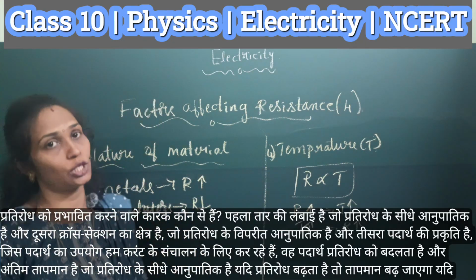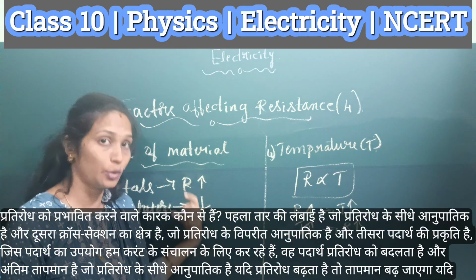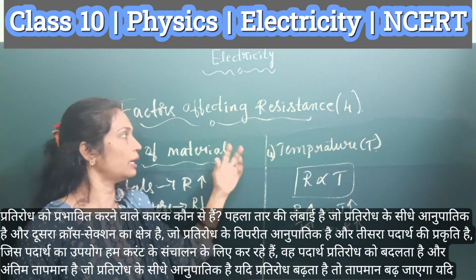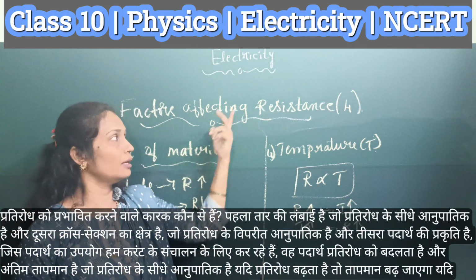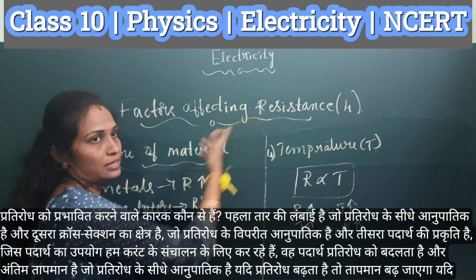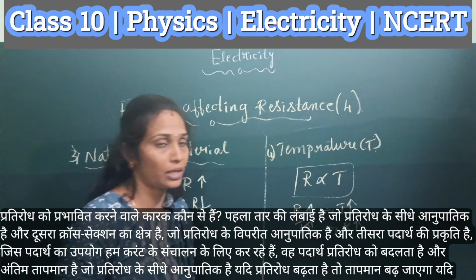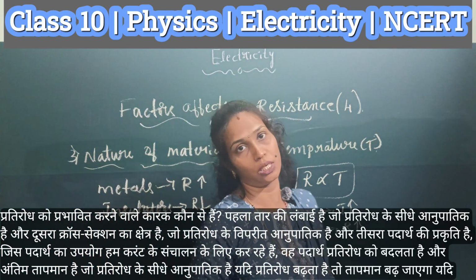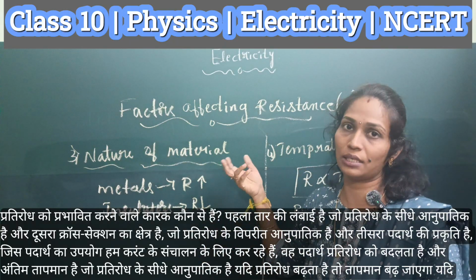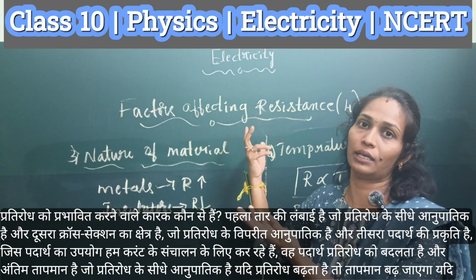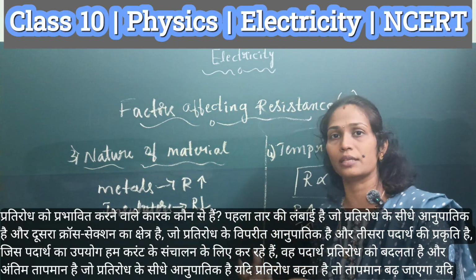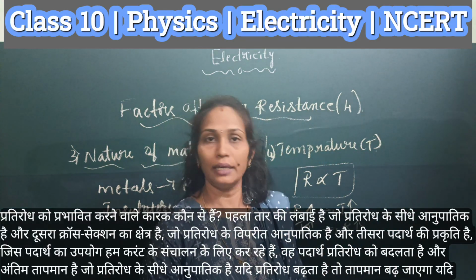The third is the nature of the material, which material we are using for conducting current; as that material varies, the resistance varies. The last one is temperature, which is directly proportional to the resistance. If temperature increases, resistance also increases. If the temperature decreases, resistance also decreases.